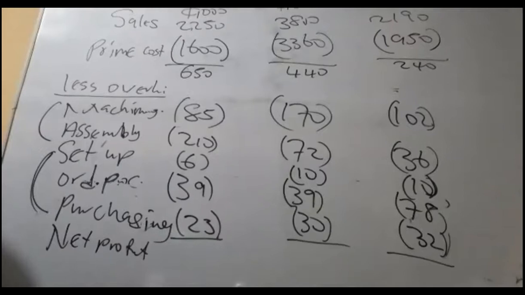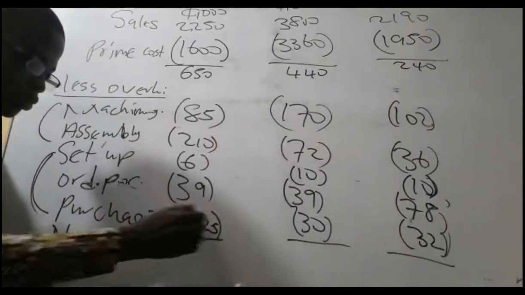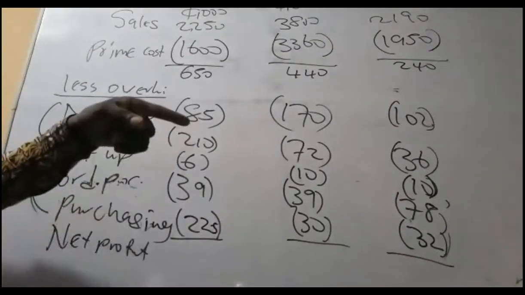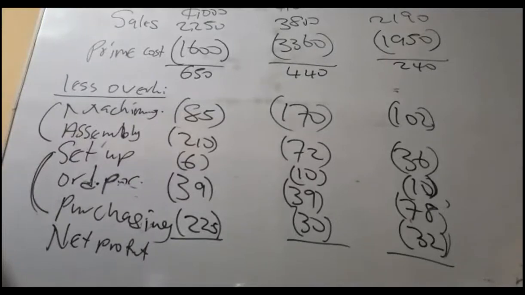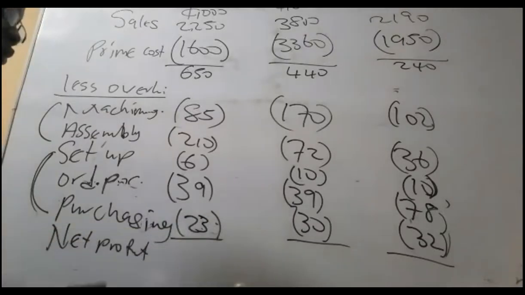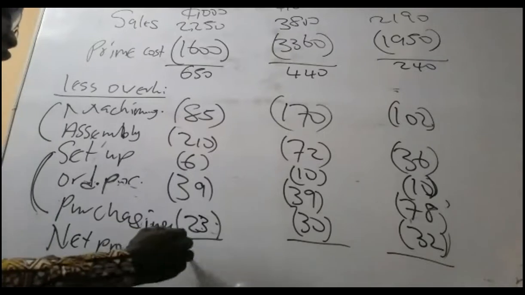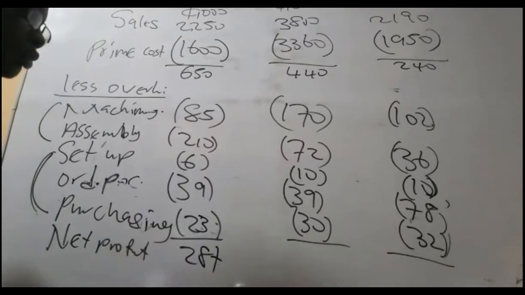So what's the net profit? Okay, so this figure was somewhere 22.5. There's another decimal to the right, 31.5. Let's round them to the nearest whole number, 23. Here will give us something like 287.